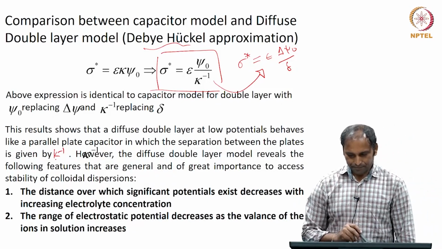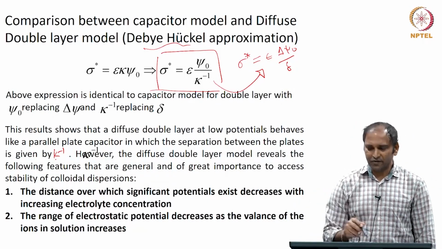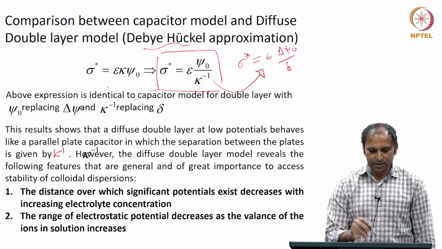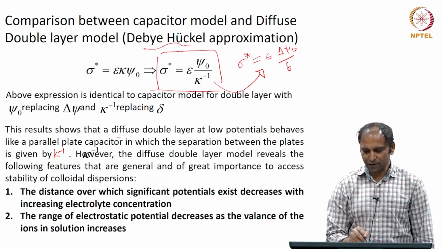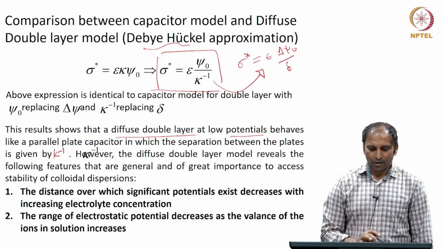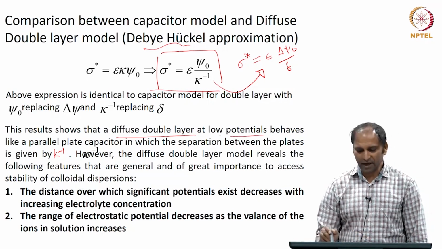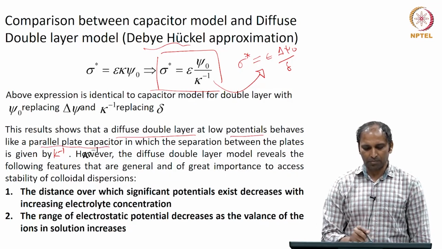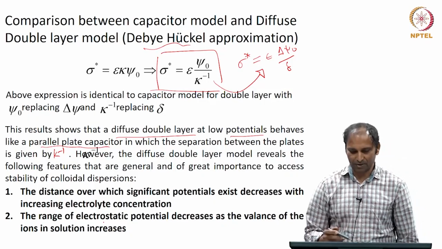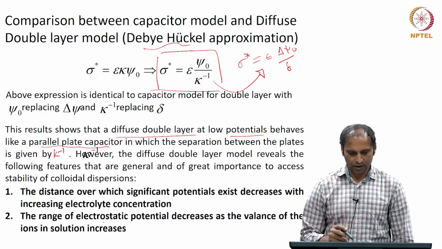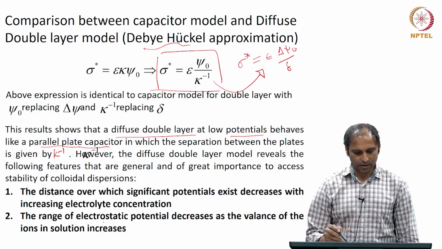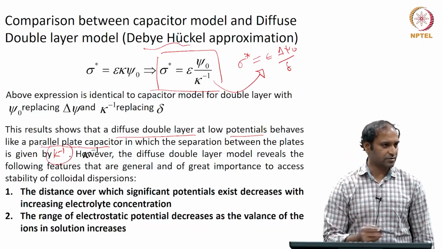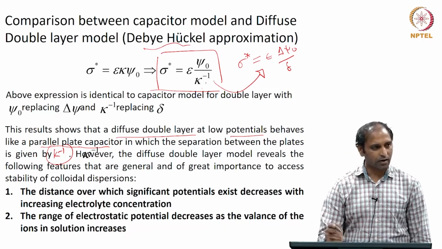So, what you can infer from this is these results essentially show that the diffuse double layer at low potential, you can think about it behaves like a capacitor model. However, the separation distance is replaced by kappa inverse. Instead of delta, you have kappa inverse.